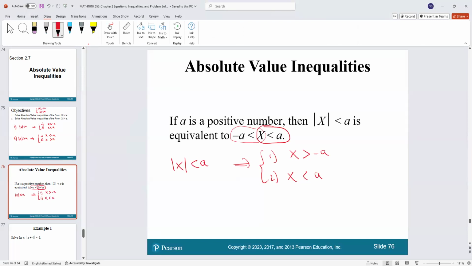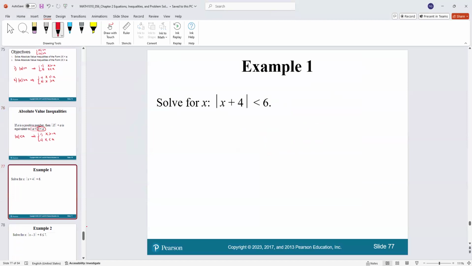Let's see this quickly in examples, where x is between two numbers. We can solve it by saying x plus 4 should be between negative 6 and 6. If you want to solve it this way, it's all fine.